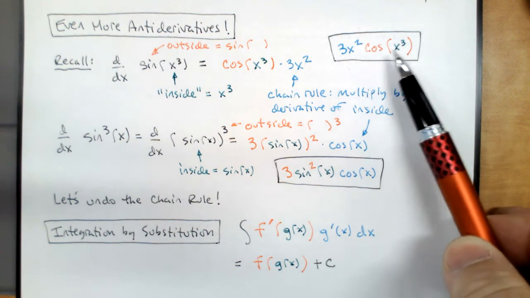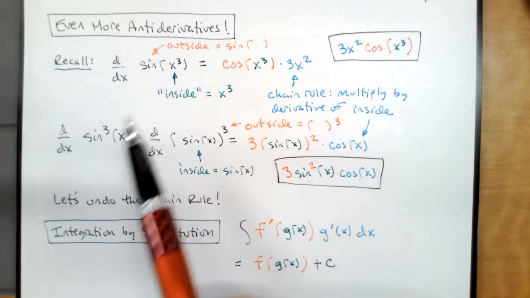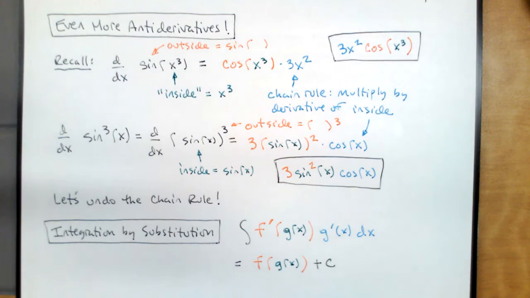The integral of cosine of something is sine of that thing. But what made it go was that we also had the derivative of the inside. Questions?